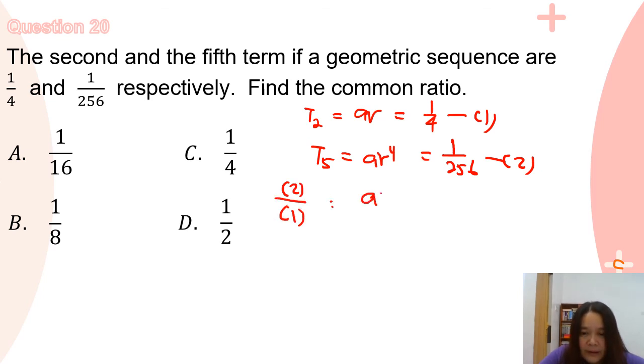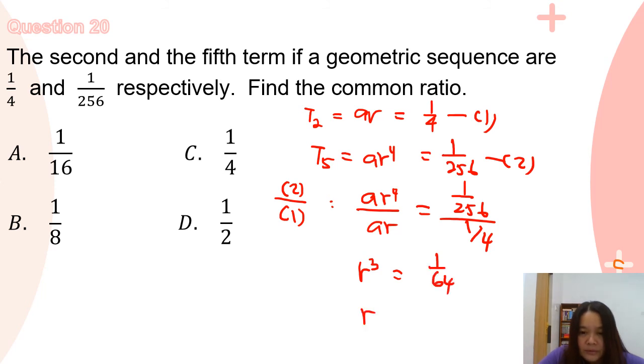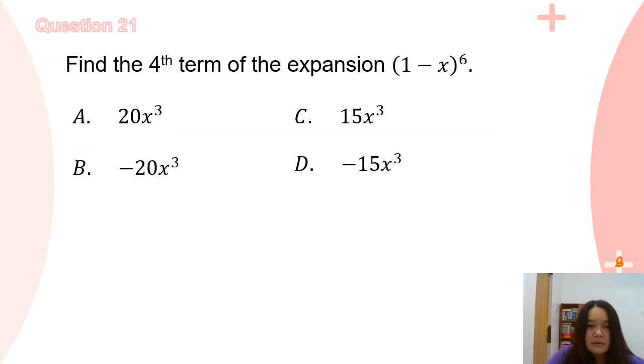So I will have ar to the power of 4 divided by ar equivalent to 1 over 256 divided by 1 over 4. So I have r to the power of 3 equivalent to 1 over 64. So r will be the cube root of 1 over 64. So you have 1 over 4 here. So the answer should be C.